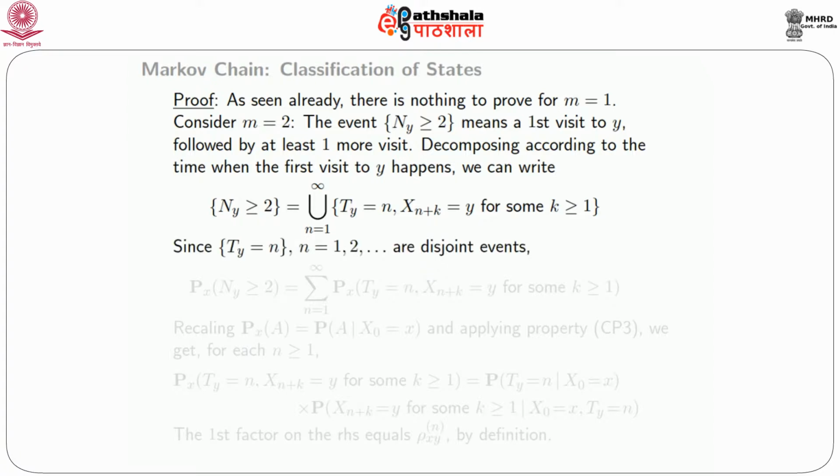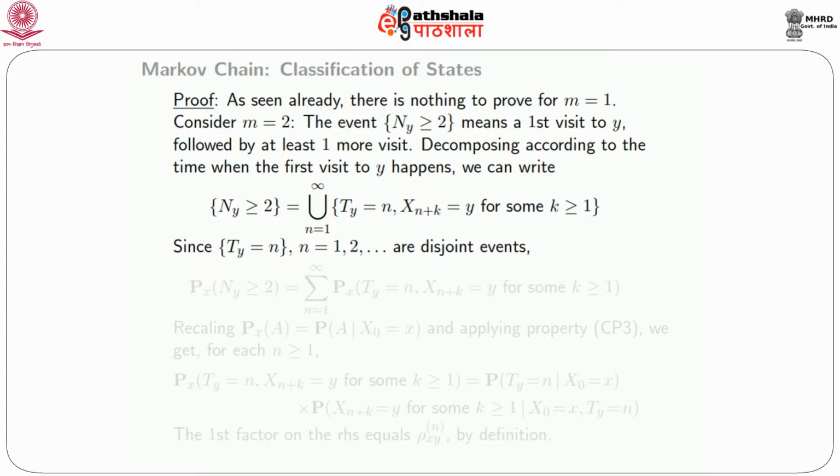Now, clearly, the events T_y equal to n, for various n, are disjoint events, because the first visit to y cannot happen simultaneously at two different time points. So if I look at the probability on the left-hand side, conditional on starting at x, it will be the sum of the conditional probabilities of the events for each n.